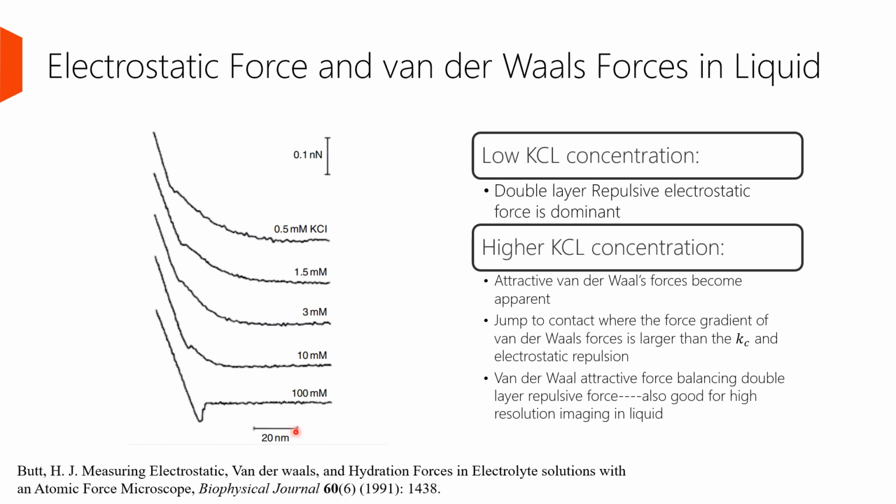Specifically, the force gradient of the attractive van der Waals force at this position is greater than the sum of the force gradient of the repulsive electrostatic force and the spring constant of the cantilever. So it's the winner here. At this concentration, we can see a snap-in effect.